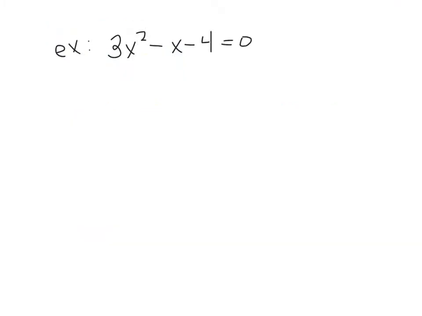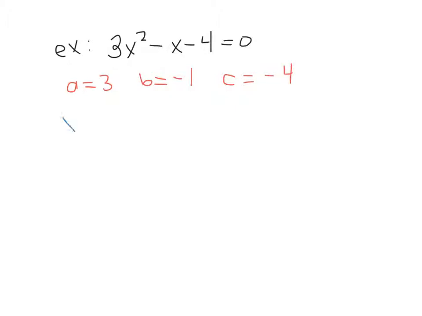All right, next example, you can identify a, b, and c. So a is the leading coefficient of 3. b is the coefficient on the x term, which is a negative 1. And c is the constant term, which is a negative 4.